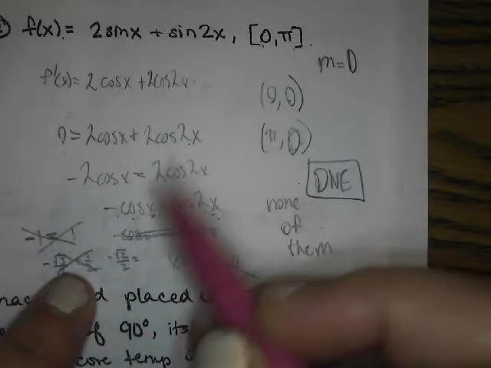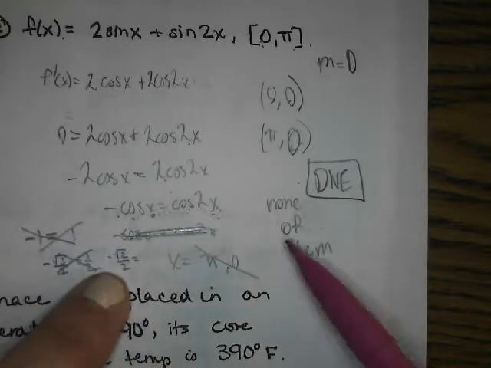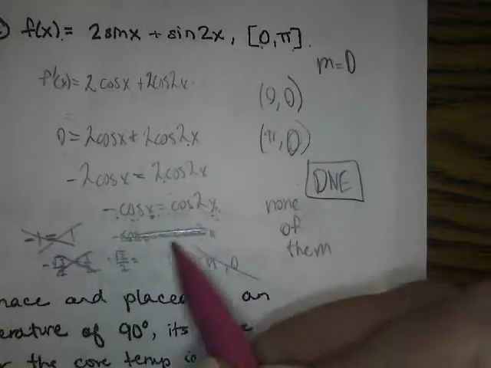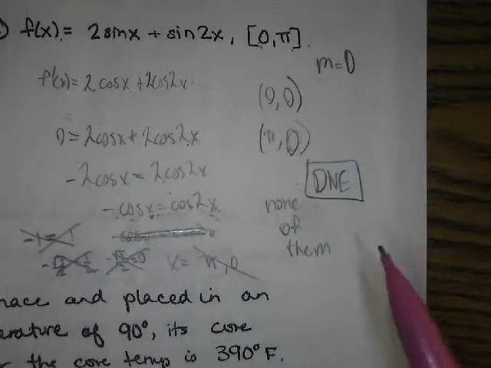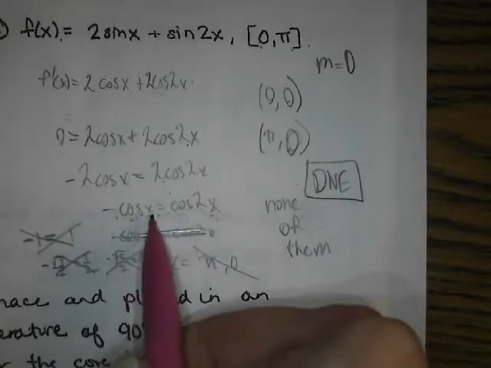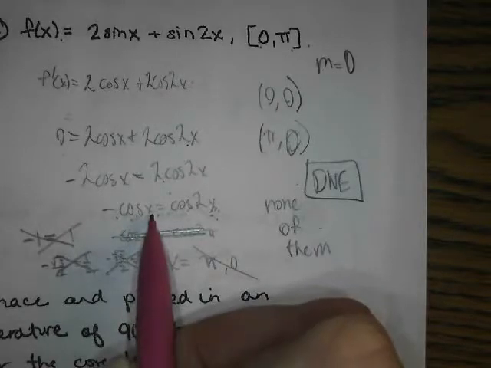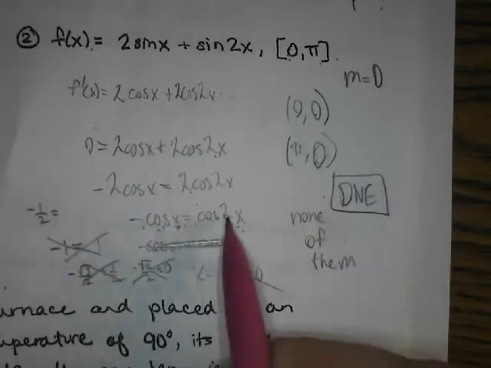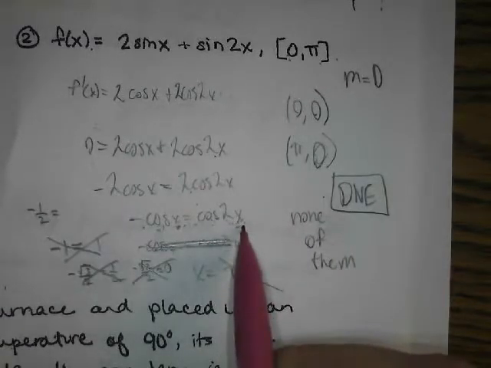So we're up to pi over 3. What's the cosine of pi over 3? 1/2. So that makes negative 1/2. What's the cosine of 2 pi over 3? Negative 1/2, because the reference angle is, yes, still pi over 3, still gives us the 1/2, but we're in the second quadrant now, where cosine should be negative. So guess what?